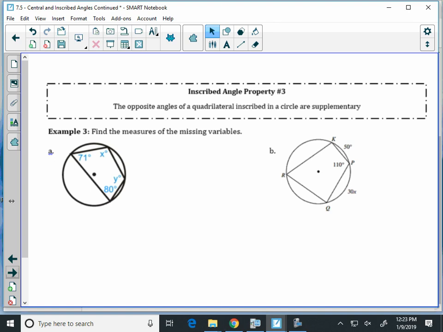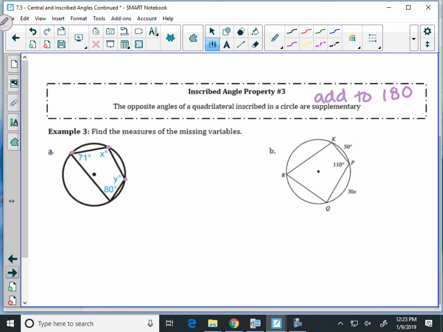What does supplementary mean? They add to 180. So whenever you have a quadrilateral inscribed in a circle, meaning the vertices are all inscribed angles, they're on the edge of the circle, the opposite angles always add to 180 degrees every single time. That's an important fact to know.